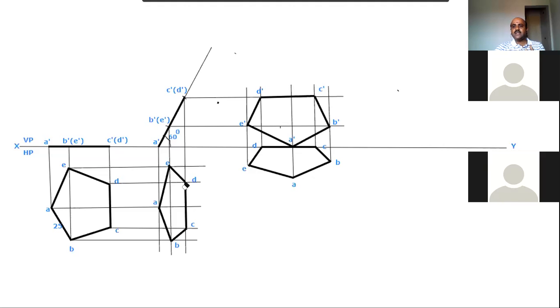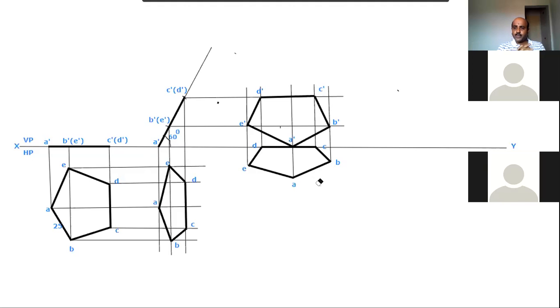The protractor always leads to errors; the chances of error are more with a protractor. The compass is accurate and also very fast, which is important for us. Have your own methods, not an issue, but ultimately the second position top view pentagon should come to the third position top view with a different inclination. That is what I am expecting from you.